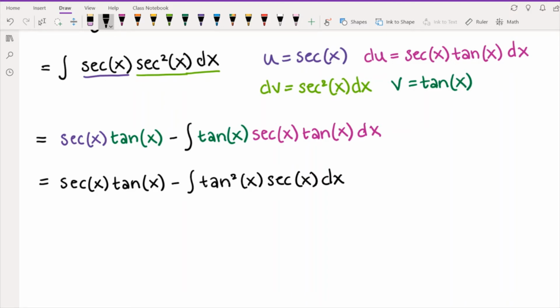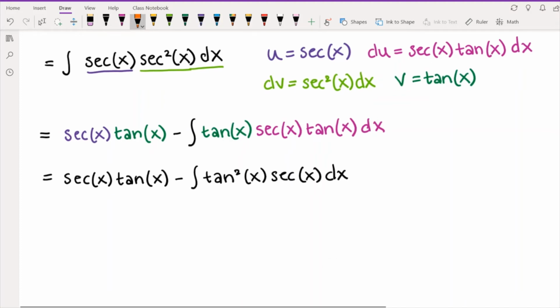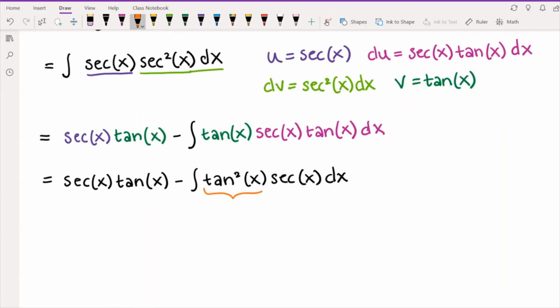And so now what we can do is rewrite tangent squared using the Pythagorean identity, right? So we know that tangent squared is equal to secant squared of x minus 1. And initially that might seem like it's not the right thing to do.